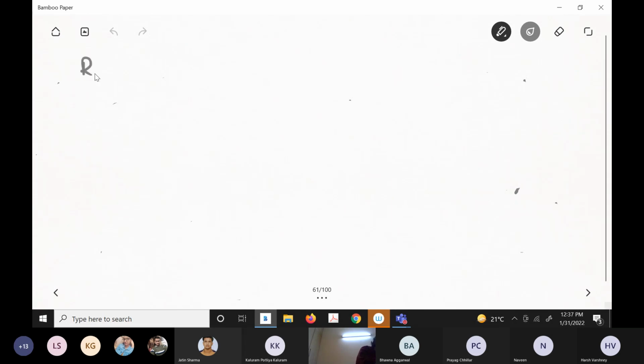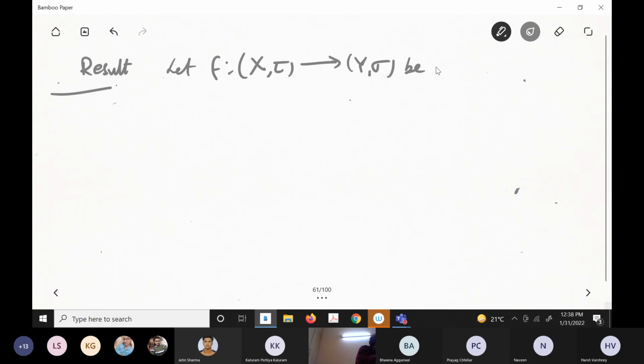the result I'm giving is this. Suppose this. I'm just saying, but I have done this. Let f from (X, tau) to (Y, sigma) be a continuous map and (Y, sigma) be a Hausdorff space.